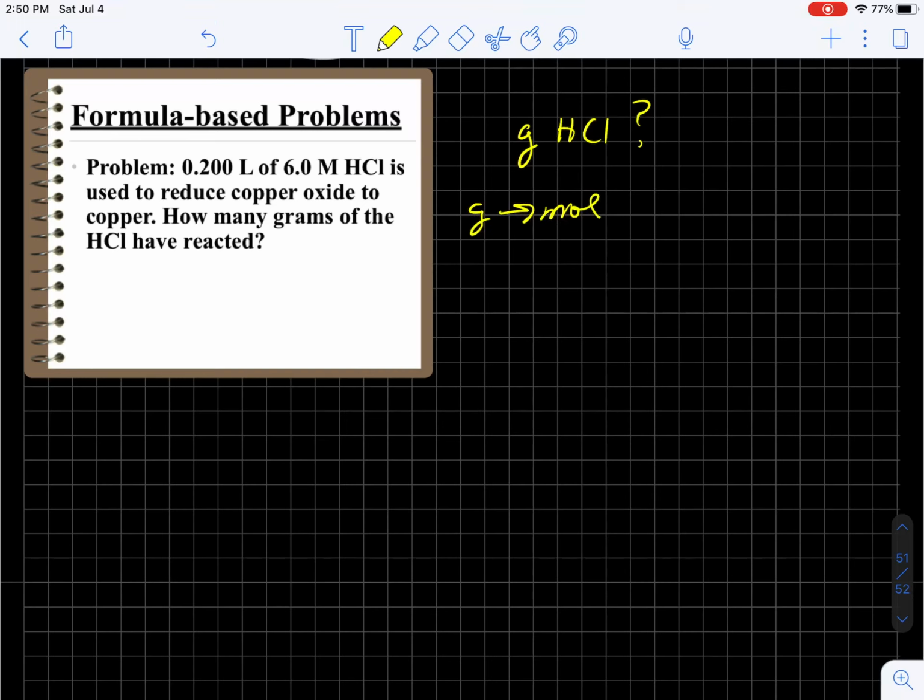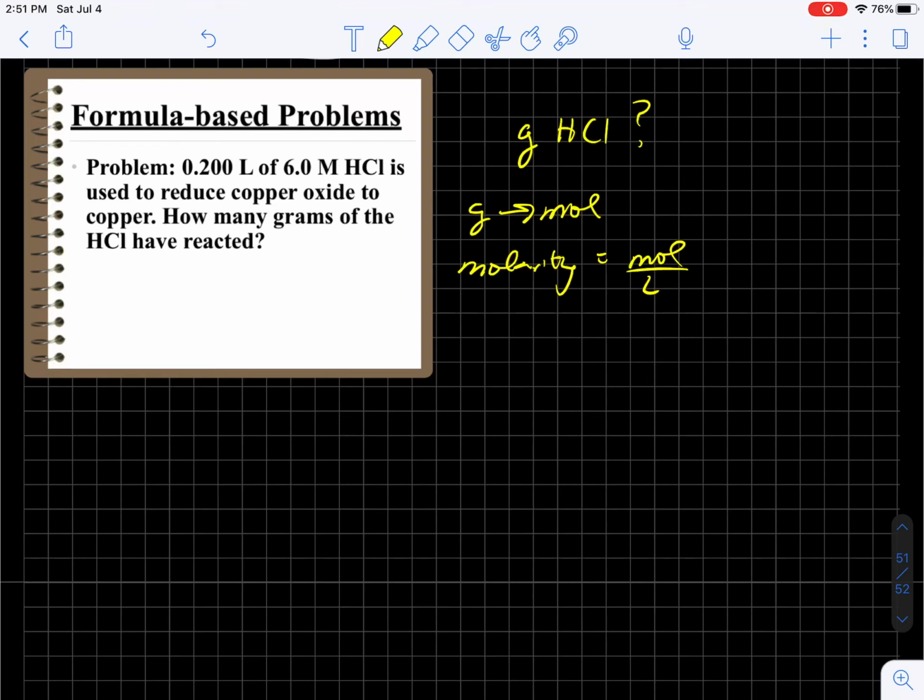Alright, so what do I know? I know there's a relationship between grams and moles on the periodic table. I know there's a relationship between molarity, because molarity is moles divided by liters. So I have this information I can use. So I'm going to start with what they give me. Now the question is, do they physically give you 0.2 liters of solution, or do they physically give you a 6 molar rating?